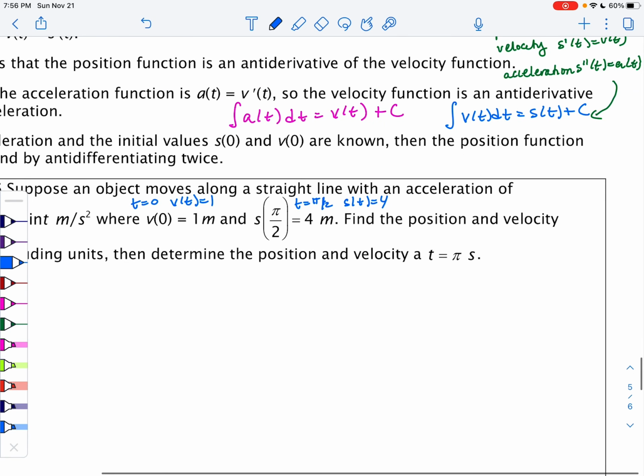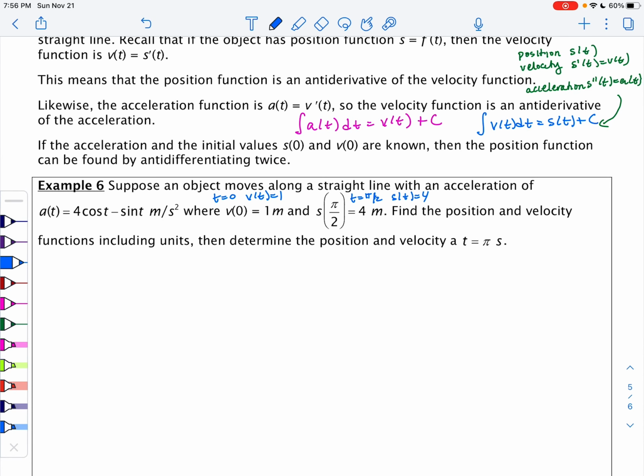So it says find the position and velocity functions, including units, and then determine the position and velocity at t equal to pi seconds. All right, so we begin with a of t equal to 4 cosine t minus sine t meters per second squared.